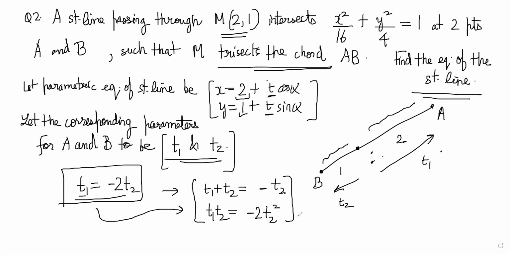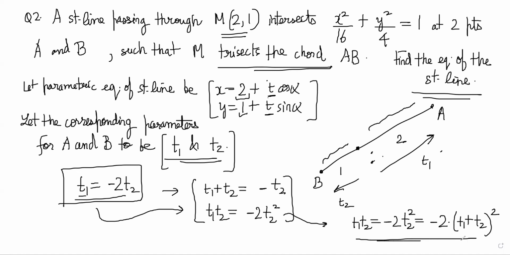Therefore, T1 T2 is equal to minus 2 T2 square, and T2 square is T1 plus T2 whole square, right? Combining this and this, you get this result: T1 T2 is minus twice of T1 plus T2 whole square, right?